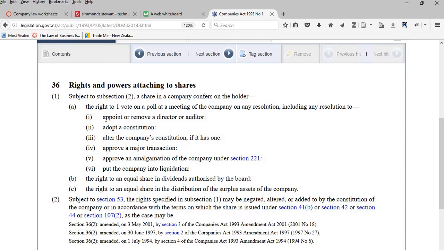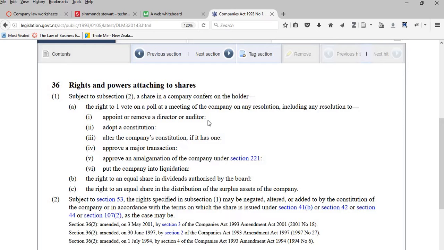In our example of 4 shareholders at 25 each, whoever can get the agreement of 3 shareholders will have control because that will be 3 out of 4, 75%. In another company where, for example, we have 2 shareholders, one has 51% and one has 49%, then clearly the 51% shareholder gets to decide who the directors are. And that really means day-to-day control.